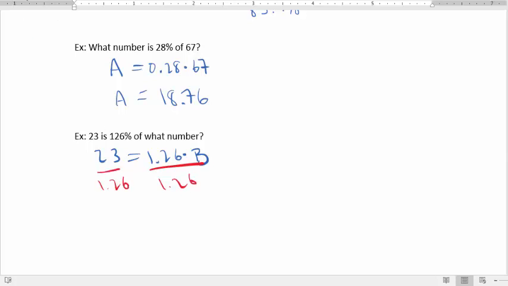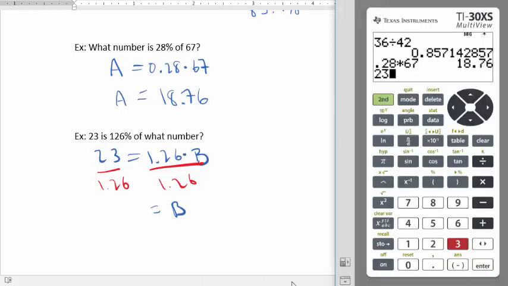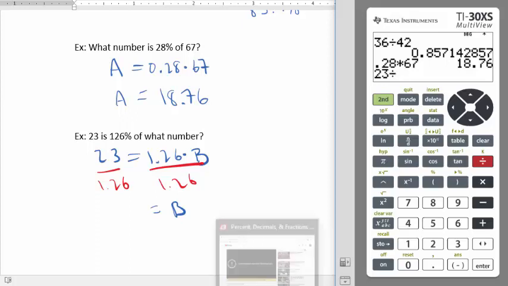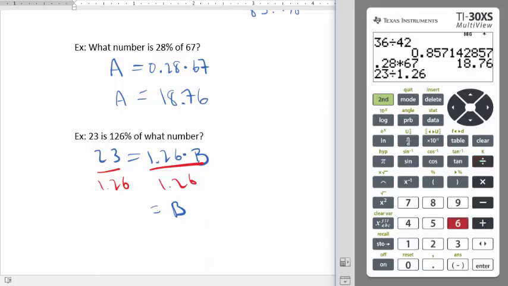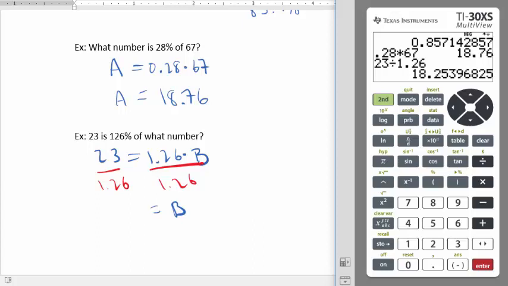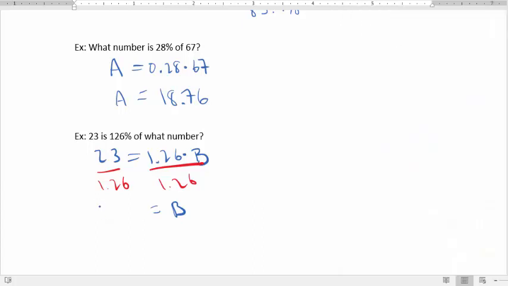So I would have 23 divided by 1.26, which is, again, just a decimal that I'll round, I guess, 18.25. So the B in this case is 18.25.